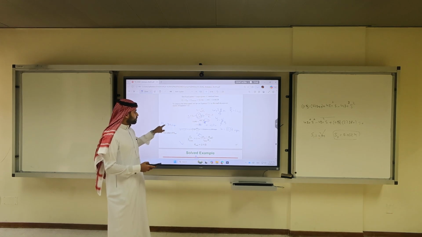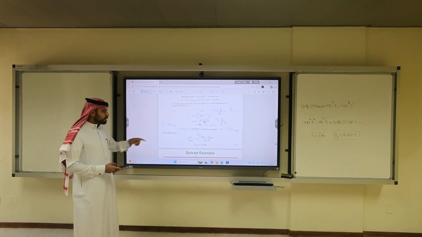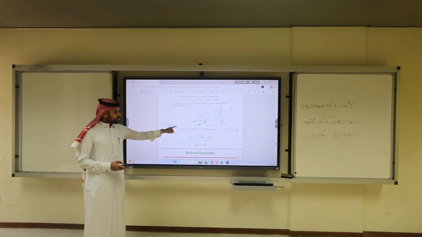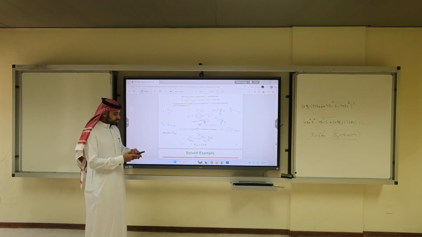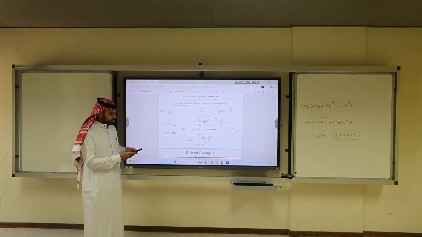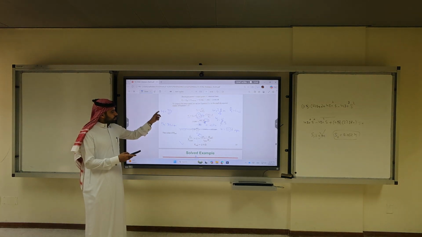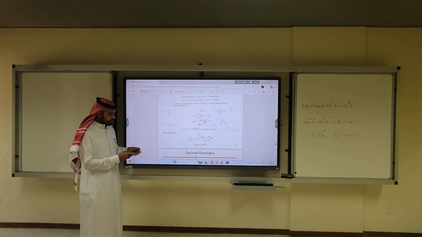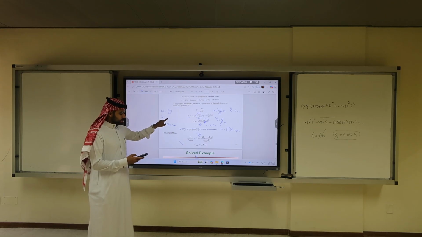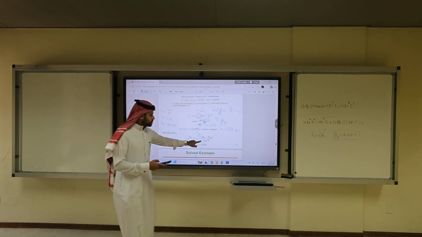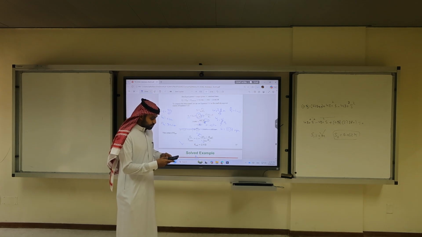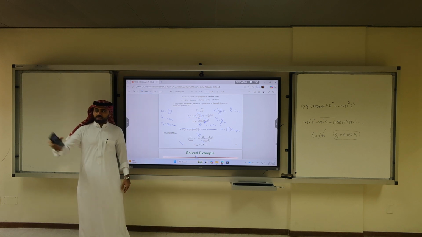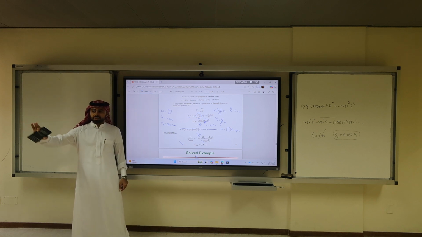The corresponding slip: 1 minus S equals 909.6 divided by 1200, so S new is 0.242. The ratio is not 20%, it's not linear.